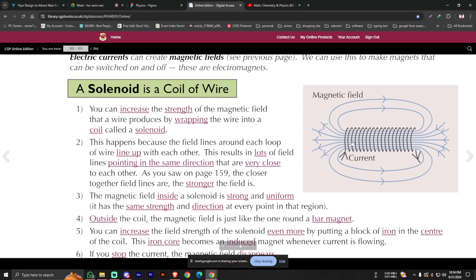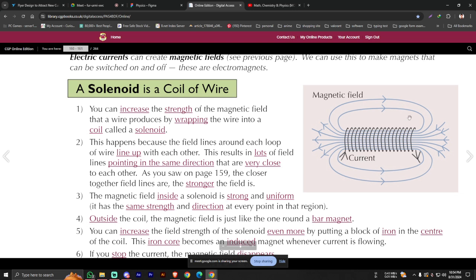So it has a lot of advantages, and we can increase this magnetic field even more if we make more loops or more coils of wire in the circuit. That means the more coils of wire you create, the more the magnetic field will be increased.